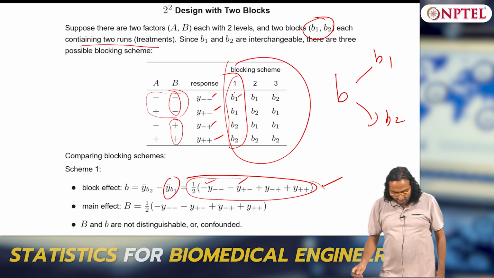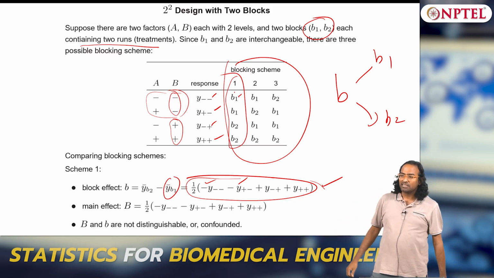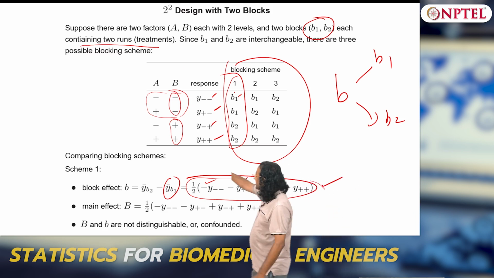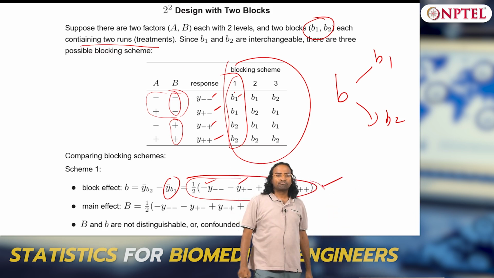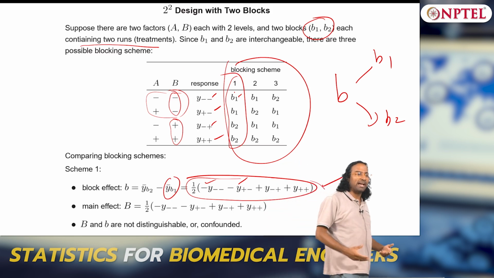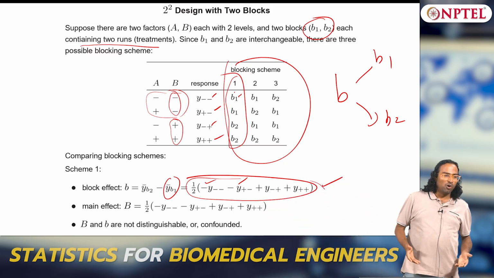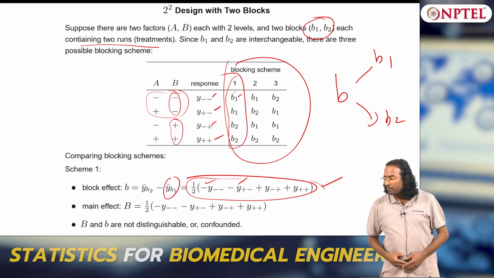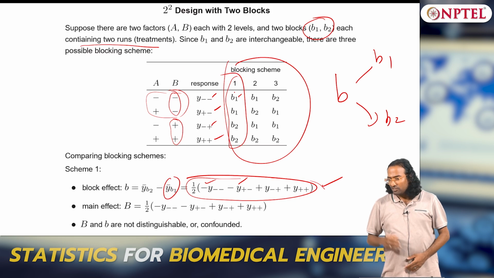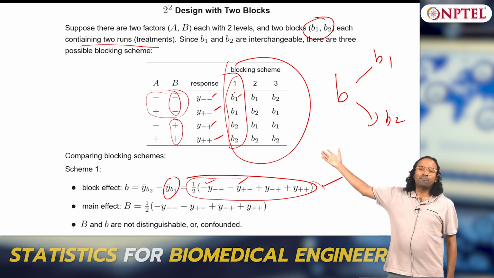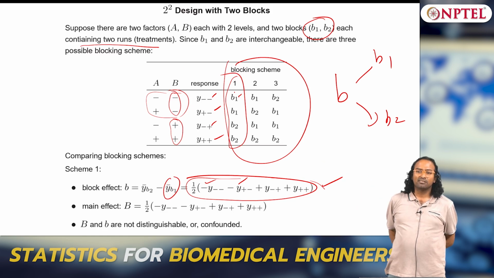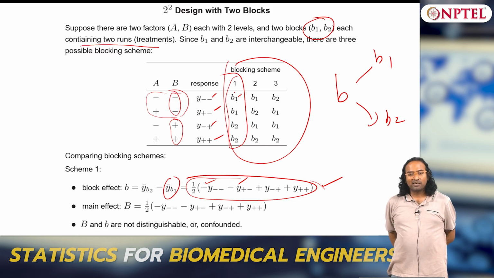Now can you compute the effect of B as well in this scheme? In this case, what is the effect of B? What is the effect of B when B high minus B low? If you compute, what will happen? So you can compute the effect of block that we did. What is the effect of B in this 2 power 3 2 power 2 design? B high minus B low. What will happen when you write it out?